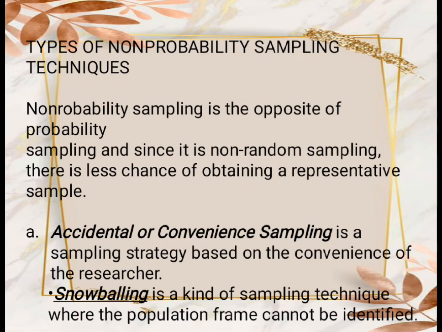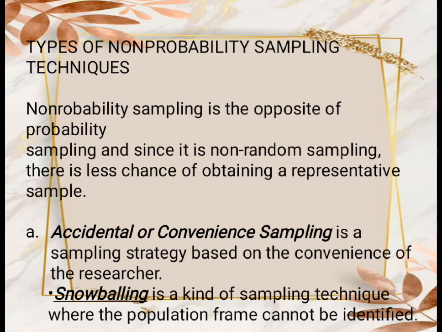Among the non-probability sampling techniques are accidental or convenient sampling and snowballing. Accidental or convenient sampling is a sampling strategy based on the convenience of the researcher. Snowballing is a kind of sampling technique where the population frame cannot be identified.